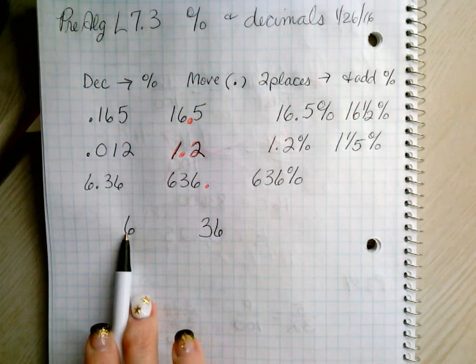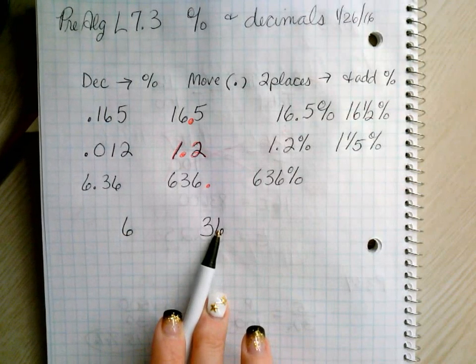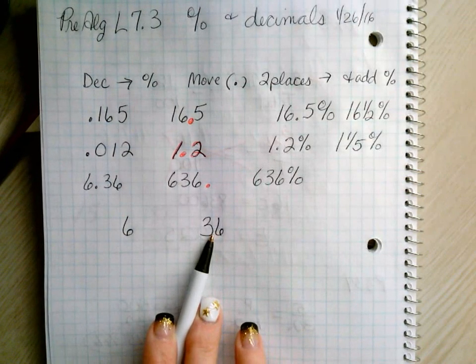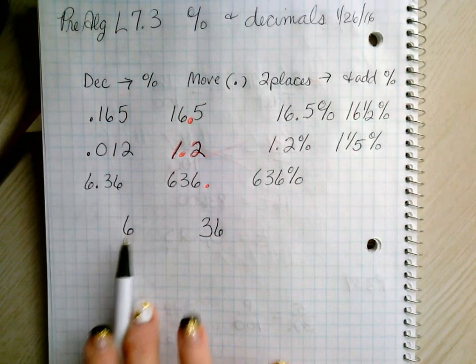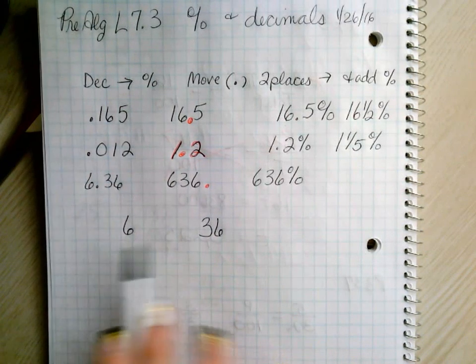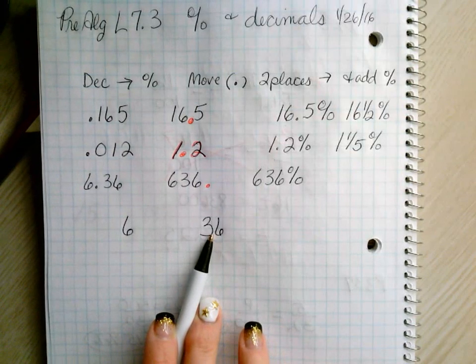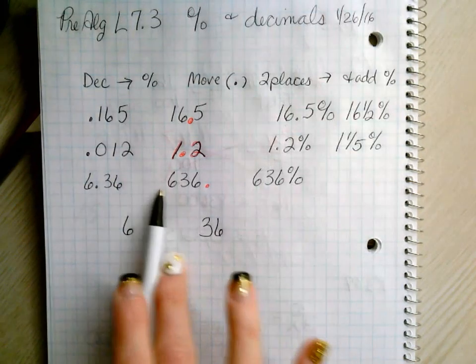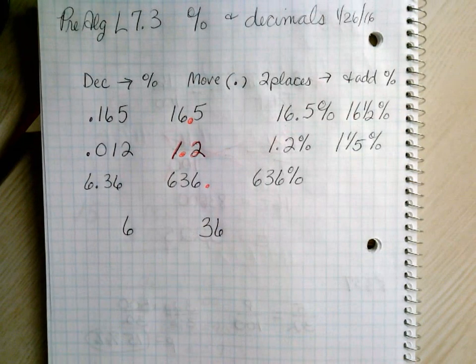Okay? This, in relationship to this, is a 6-fold increase. 6-fold meaning 6 times what we started with. Okay? 6 times what we started with is 600%. So don't ever think that these kind of things don't happen. Okay? They do happen. All right.